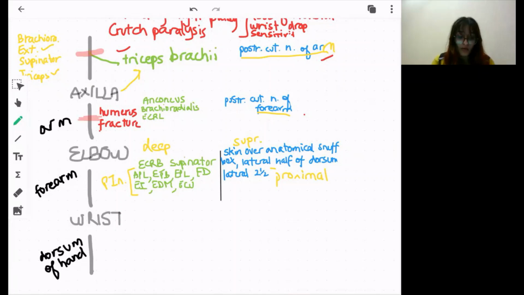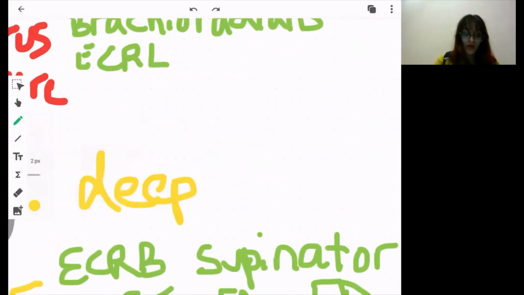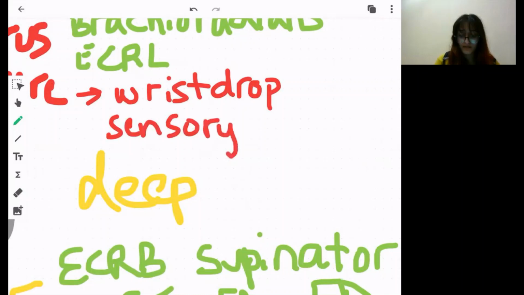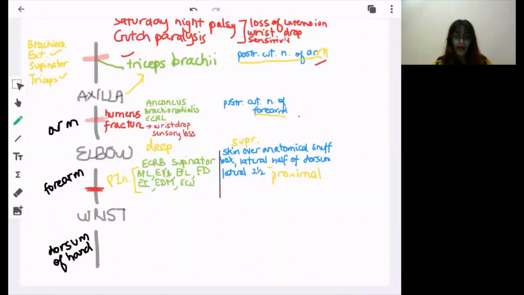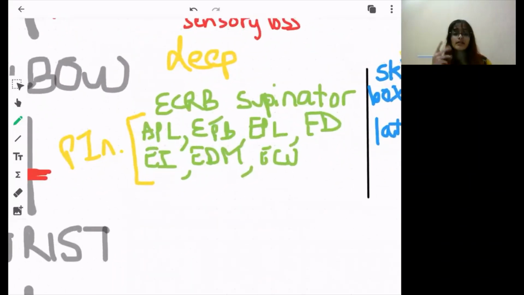Now if there is damage to the forearm, again there will be a problem in extension. So what will be the symptoms? Wrist drop and sensory loss. Again in the forearm the triceps brachii is spared because the motor branch is given off in the axilla.